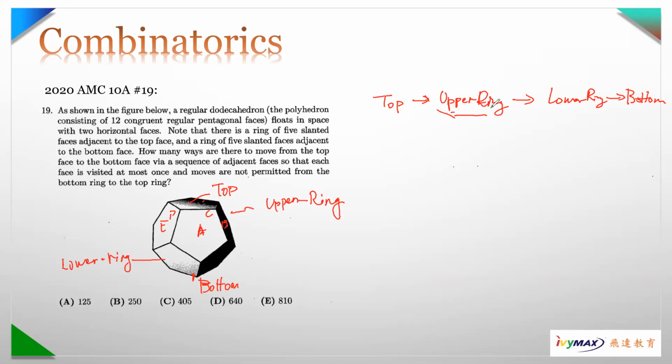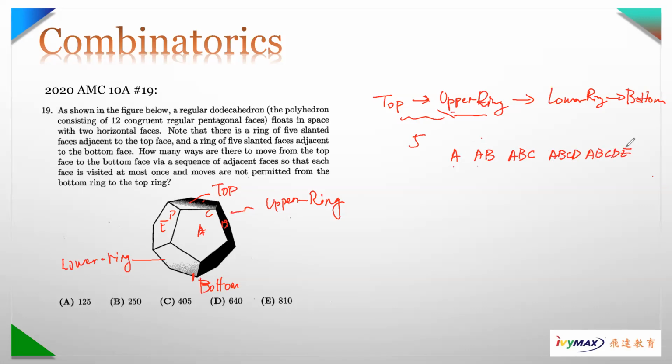So, well, if you count separately, this part from the top to the upper ring, since they have 5 different faces, right? So they actually have 5 options. And on the upper ring, you can either stay on A, or you can wander from A to B, or you can continue in that direction, A, B, C, D, or just go to E, right?